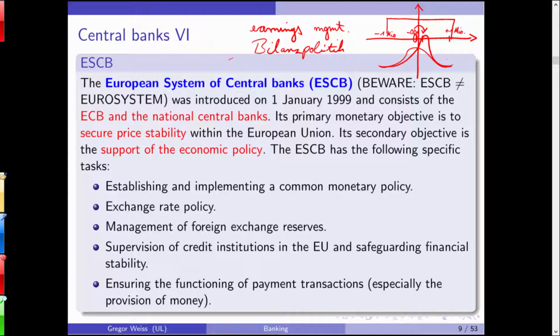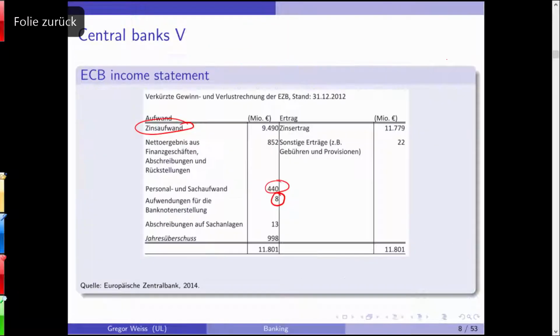We are more interested in looking at the risk management and what the central banks do about financial stability, but even a simple topic like earnings management suddenly becomes interesting just by looking at central banks. Okay.